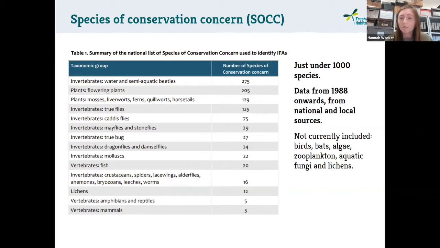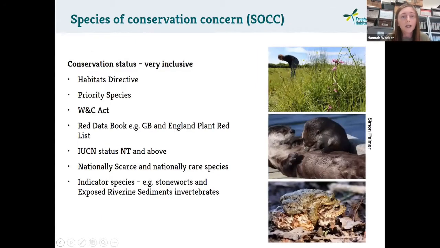It doesn't include bats, birds, algae, zooplankton, and groups that are maybe under-recorded, or where there hasn't been as much research and they're not as well documented. So the key groups are the invertebrates and plants, also mosses, and some of the mammals and fish, so a wide range, a really inclusive list of all sorts of different freshwater species.